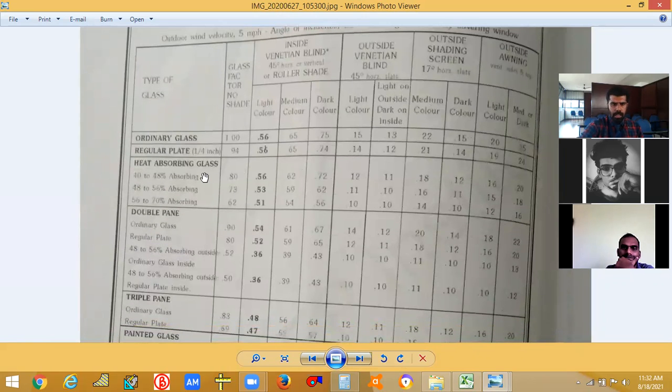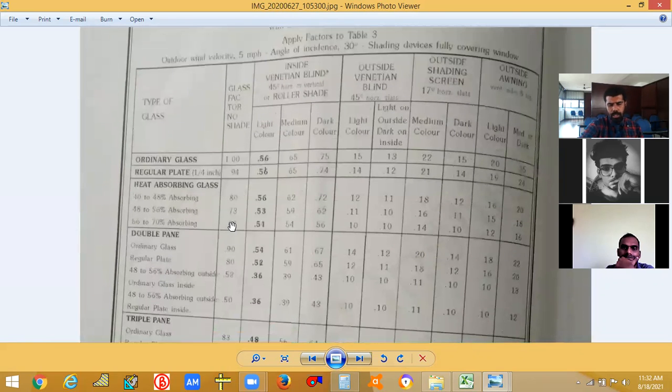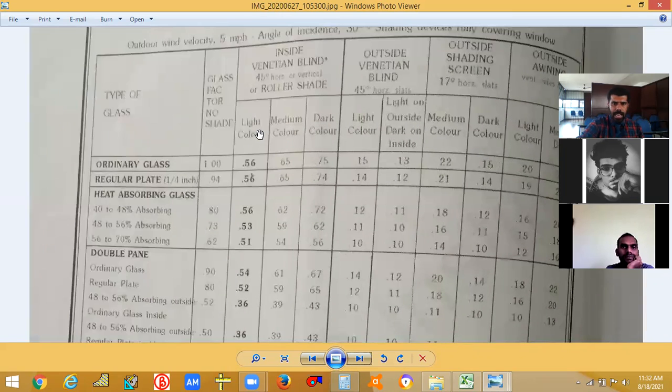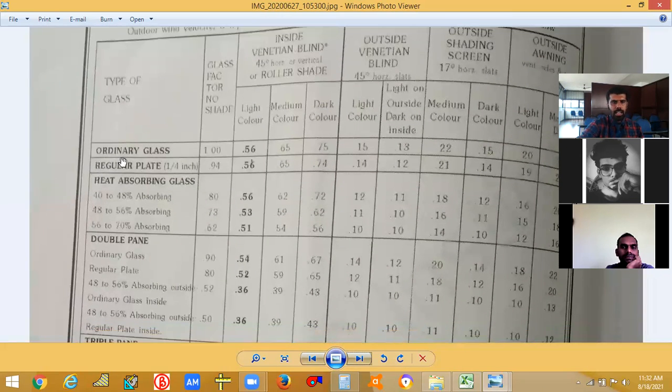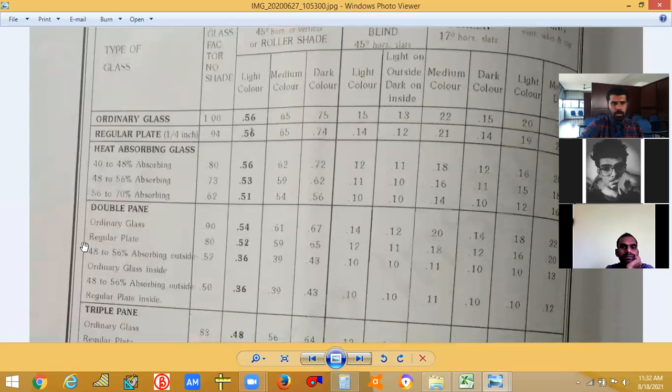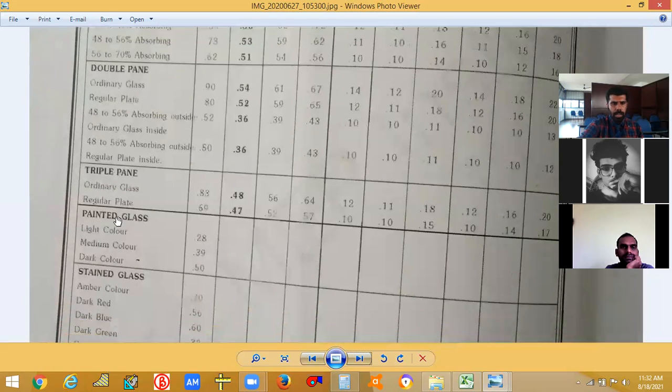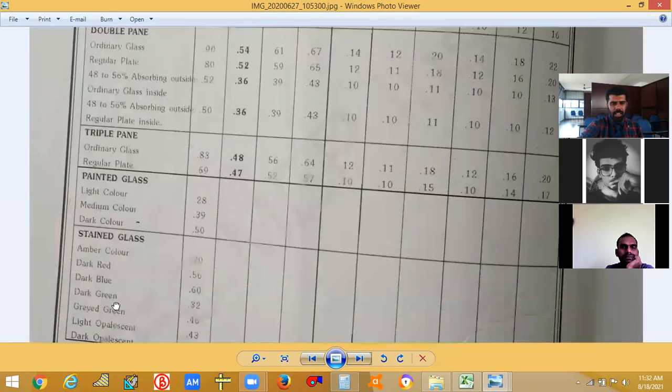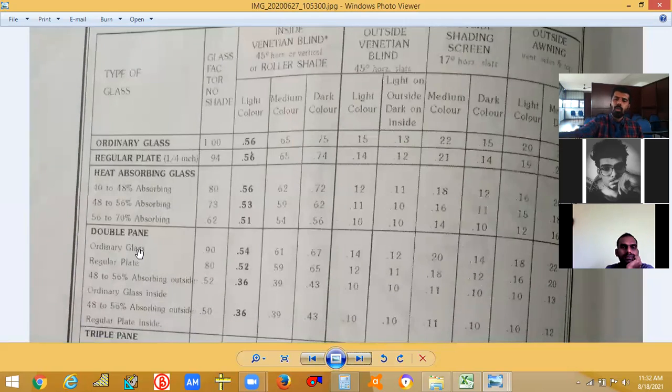Here we are choosing no shade, and you can see light color, medium color, and dark color. You can see ordinary glass, regular plate, heat absorbing glass, double pane, triple pane, painted glass, stained glass, different types of glasses are given. So according to the glass that is used on their walls, you have to take the U value. So these are the different U values.